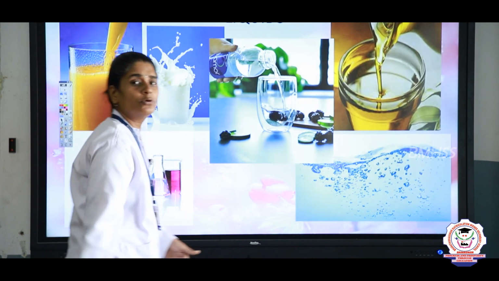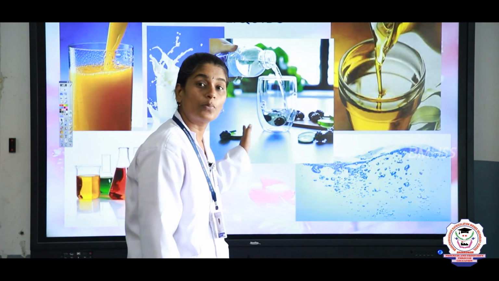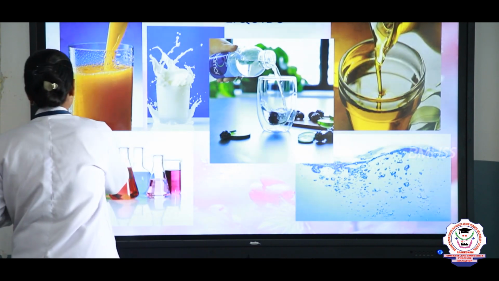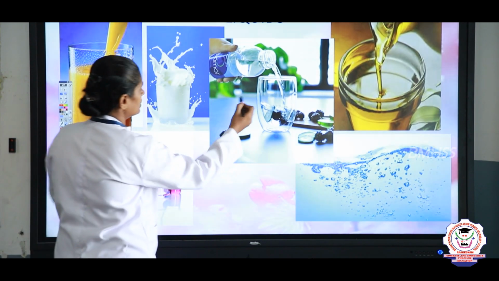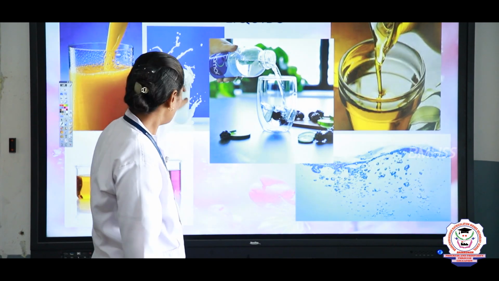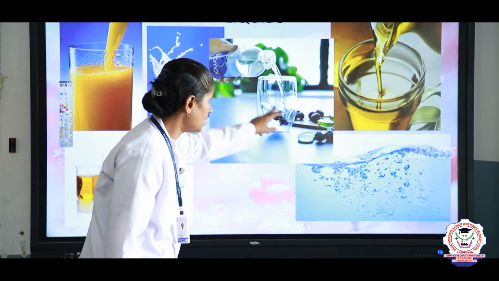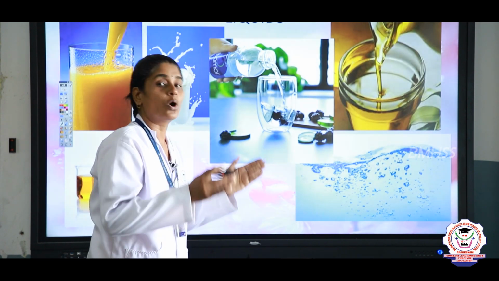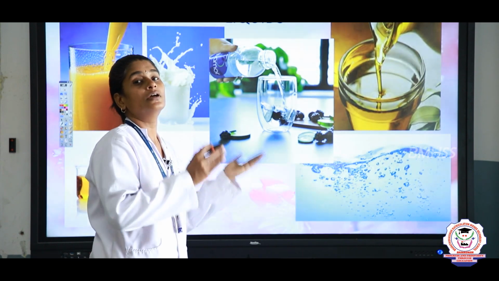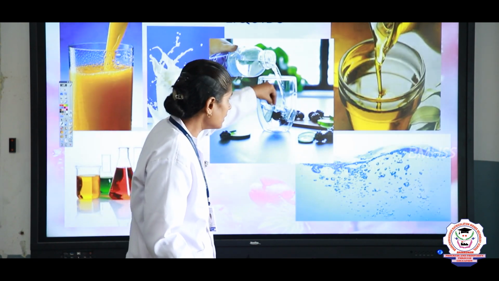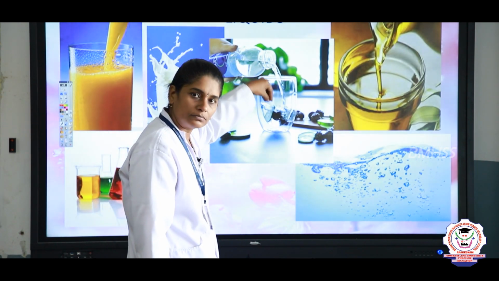Now when we talk about the characteristics, the qualities of the liquids, first about the shape: is there any shape of this milk? Can you say what is the shape of the water? No, right? The liquids occupy the shape of the container in which it is kept. If I pour this water in a cylindrical glass, it occupies a cylindrical shape.